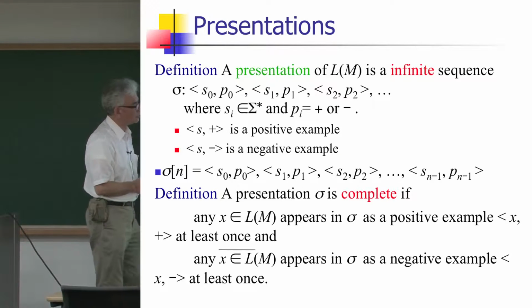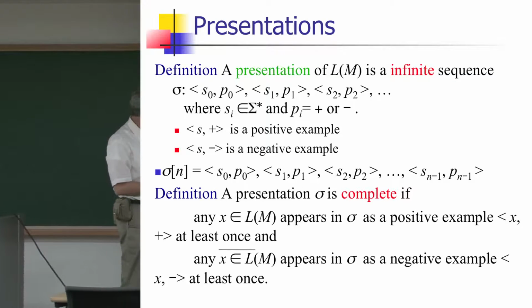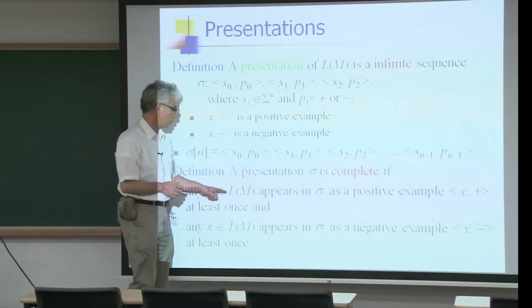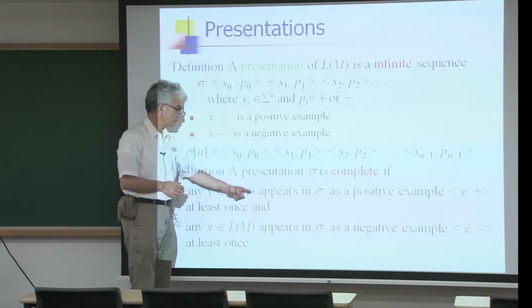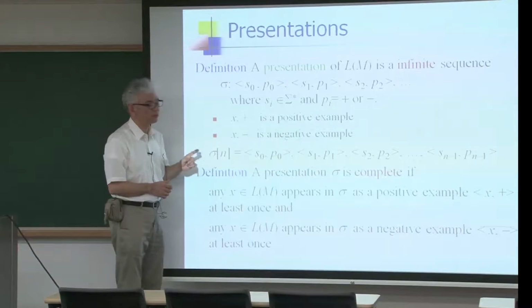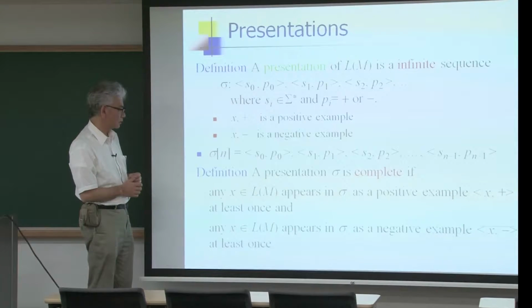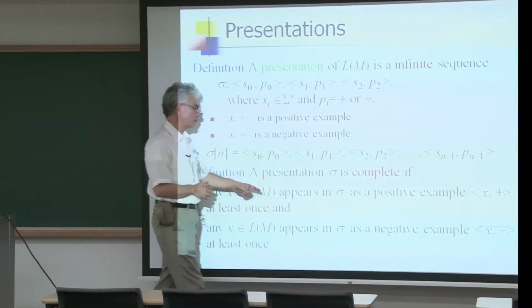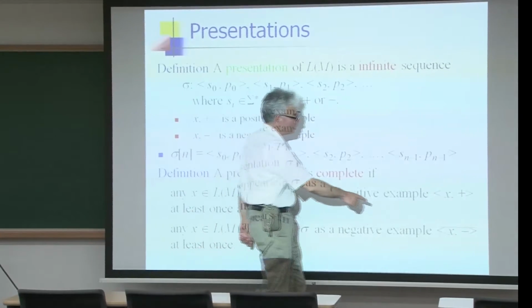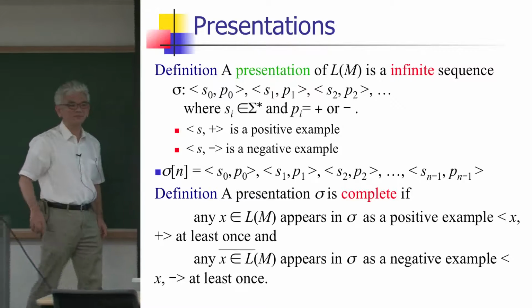And the presentation sigma is complete if any element x in the target language appears in sigma as a positive example, and any x not in the language appears in sigma as a negative example. Sorry, this bar should be put here.